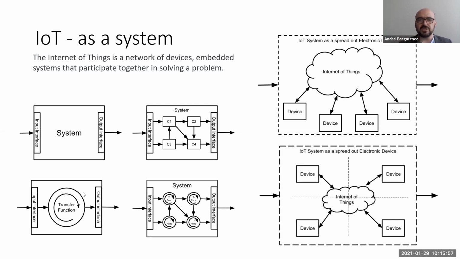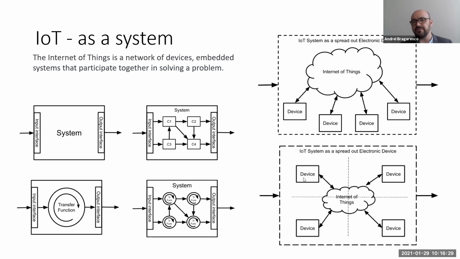From the functional point of view, it's a data flow of information, or information flow, going through the various transfer functions, and we have a complex function that can be split into some smaller functions and distributed through the system.